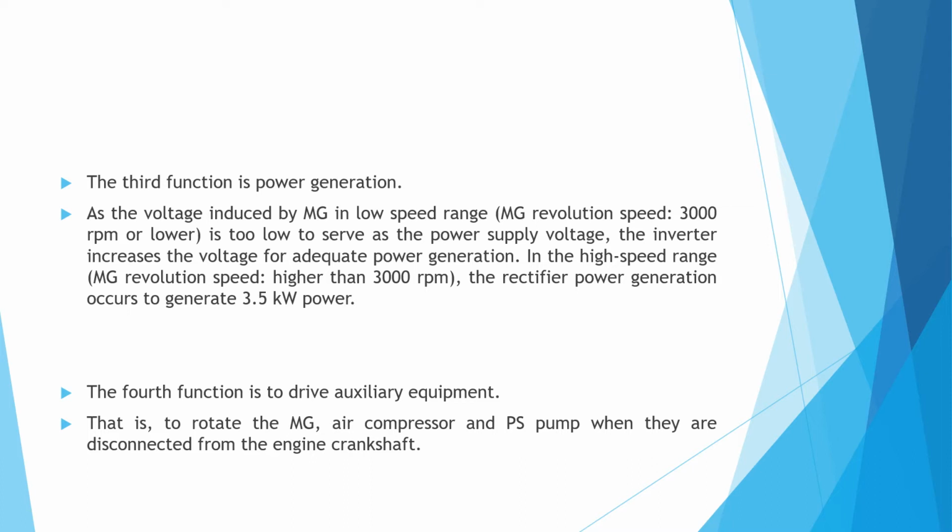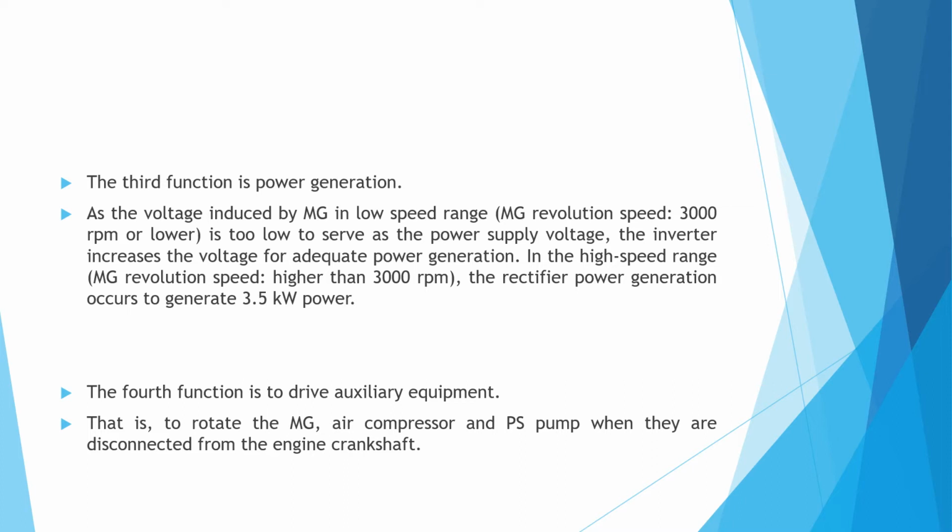As the voltage induced by the MG in the low speed range, where the MG revolution speed is 3000 rpm or lower, is too low to serve as power supply voltage, the inverter increases the voltage for adequate power generation.